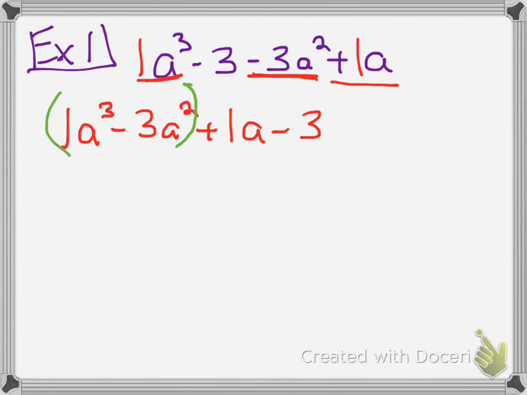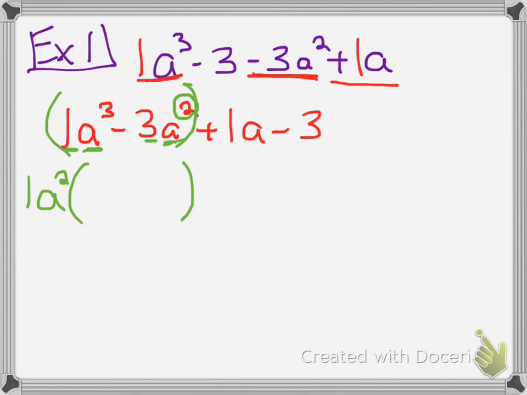What do they have in common besides 1? The greatest common factor of 1 and 3 is 1. But they both have the variable a. I'm going to take a out. After I do that, I focus on the smallest exponent, which is 2 on a, and then bring down these parentheses.